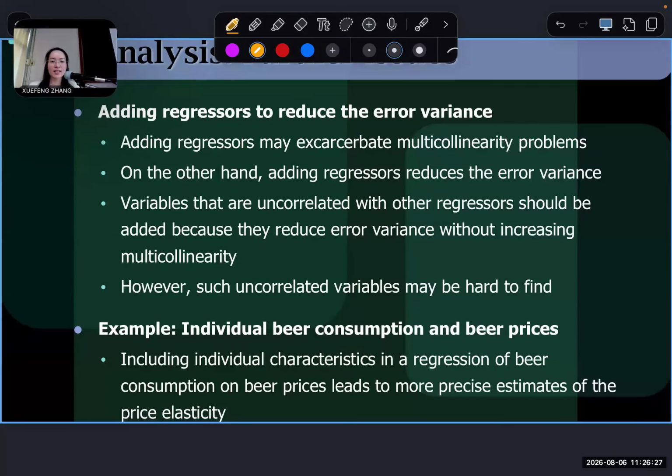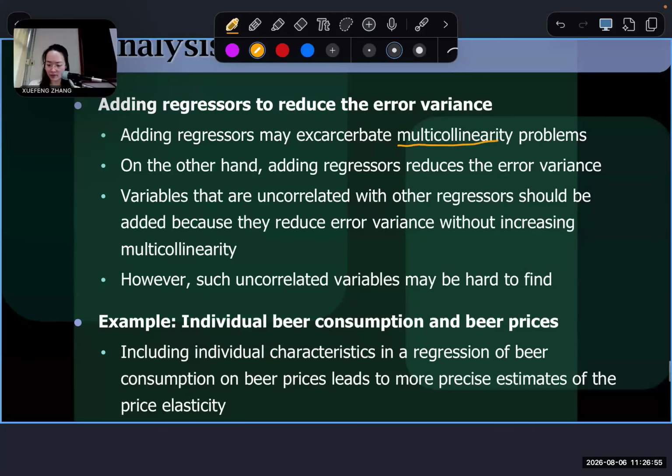So now is the flip side. Sometimes adding variables helps. So there's a trade-off, right? Adding a variable can worsen multicollinearity, but it can also reduce the error variance. Remember that sigma square shrinks as we explain more of y.